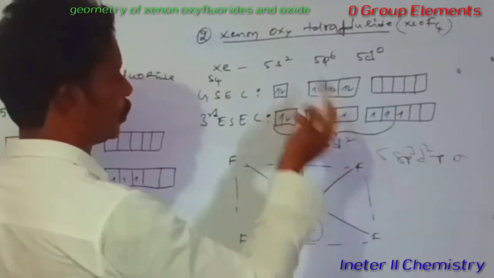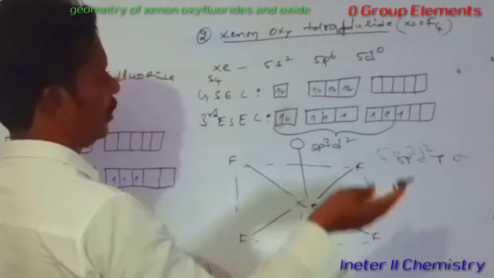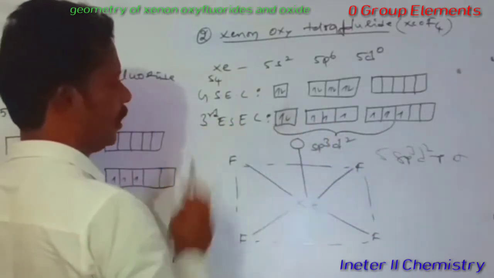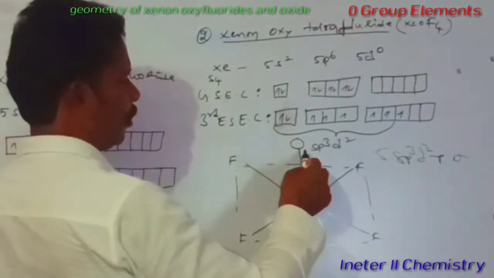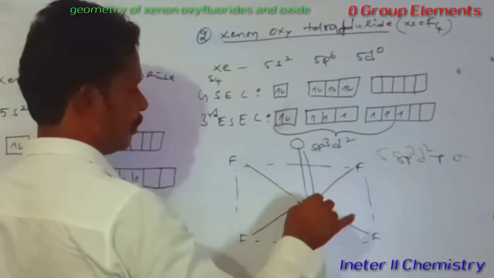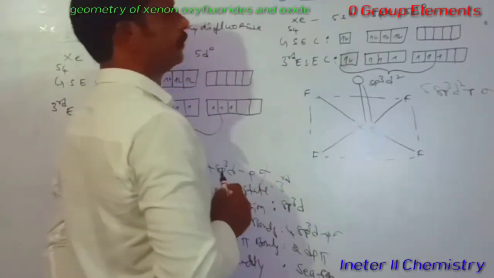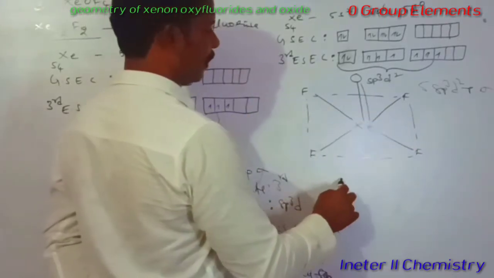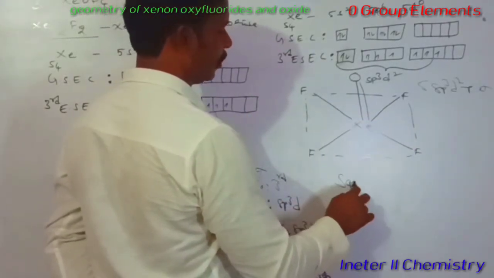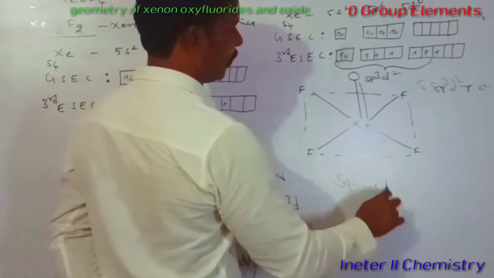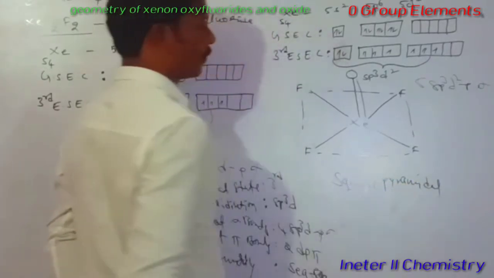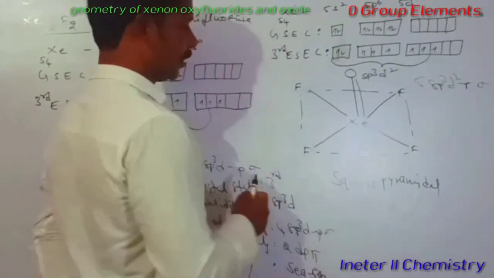This d orbital is partially overlapping with the p orbital of oxygen. Then 1 pi bond is formed. So like this, the geometry looks like a square pyramidal geometry. Right? Then we have to write the conclusion.